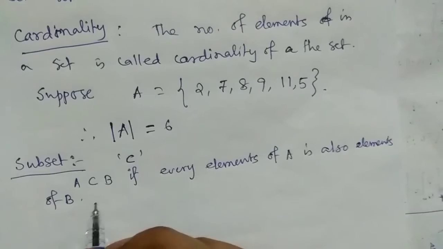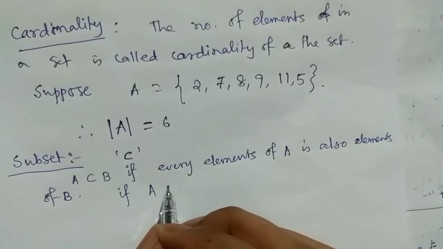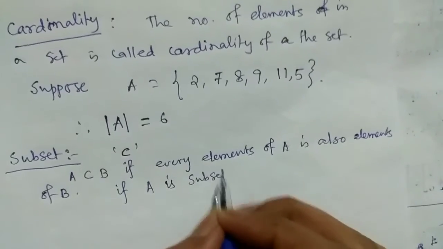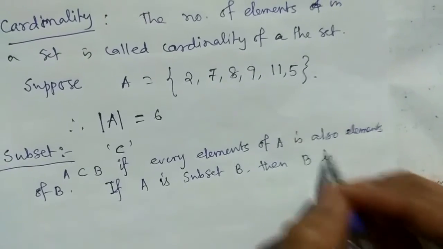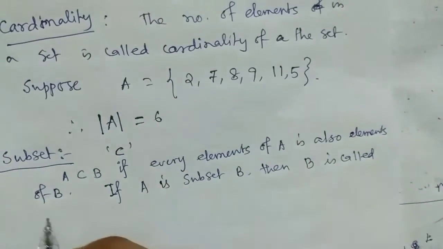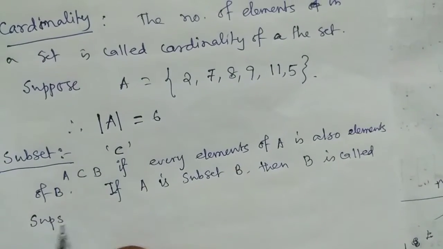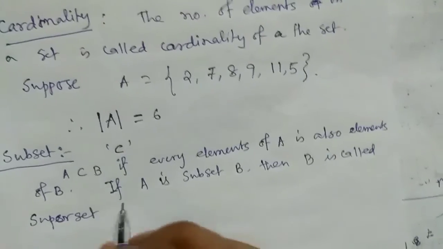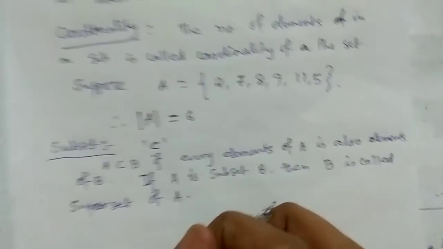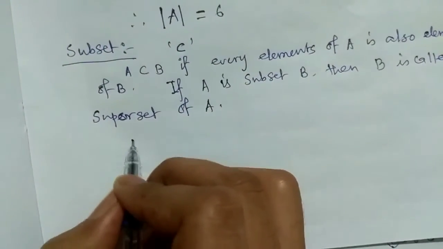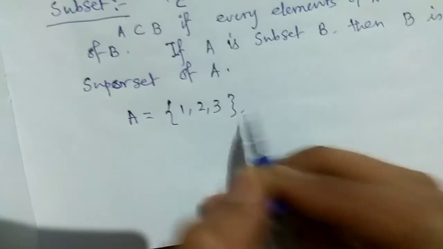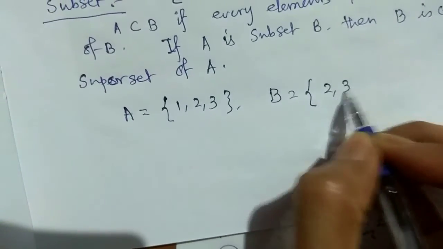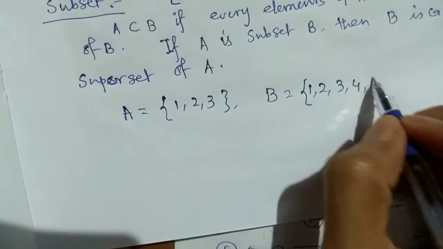Another thing is superset. If A is a subset of B, then B is called a superset of A. Suppose A equals 1, 2, 3 and B equals 2, 3, 4, 6.